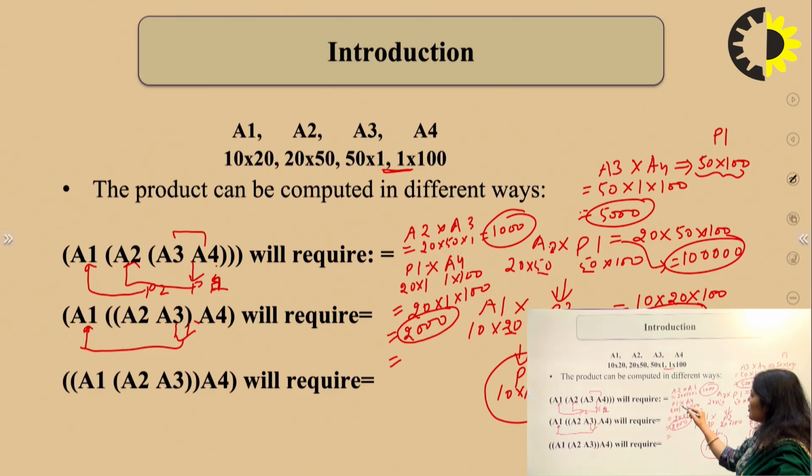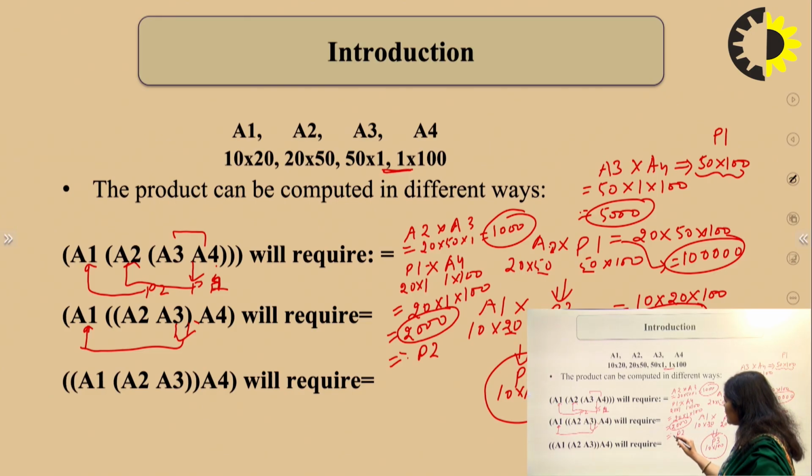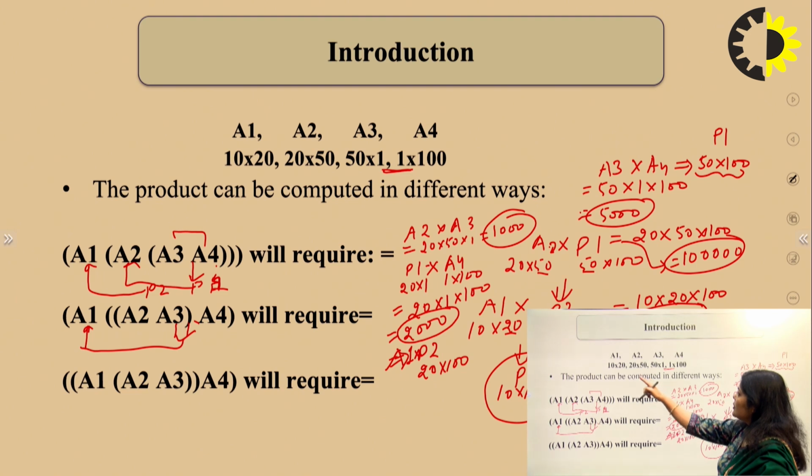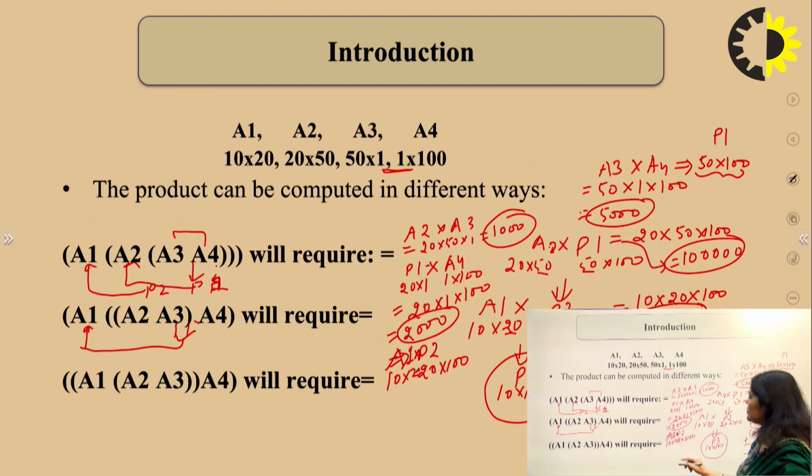So now the product of this operation, which is, for example, P2, is having a dimension of 20 cross 100. Okay, so this P2 now is going to be multiplied with A1. A1 is going to have dimension 10 cross 20. Okay, so the inner dimension is again matching. So 10, 20, 100. Okay, this will be the total number of calculations that I need to again perform.